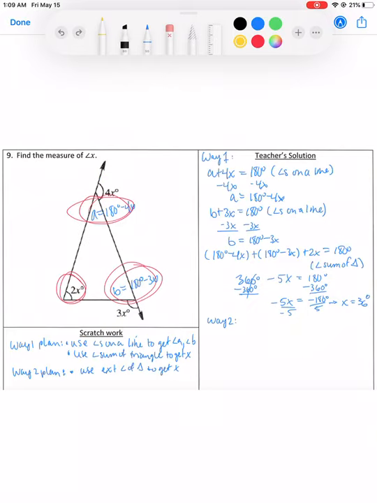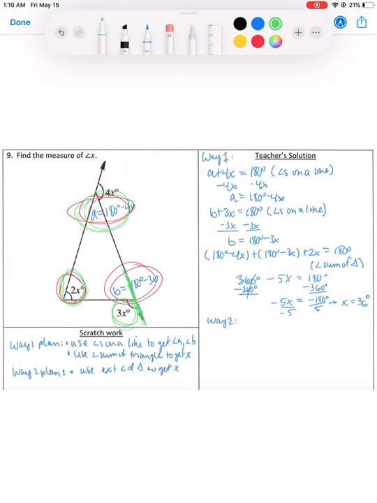Alright class, here is way number 2 for number 9 in section 2.2, and I'm going to use external angles to help me. So here is our triangle, and I'm going to extend this base here, and I'm going to note 3x as the external angle. When I take the 3x and use my external angle property, that external angle is equal to the sum of the two interior angles, which are 2x and 180 minus 4x.